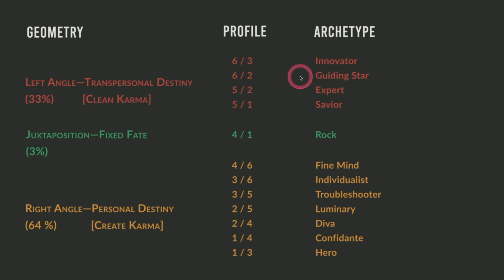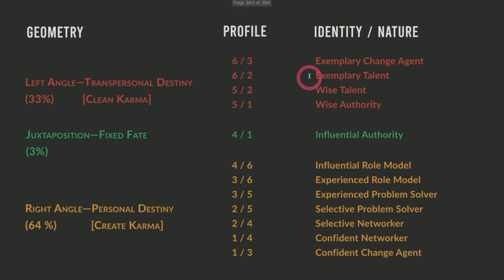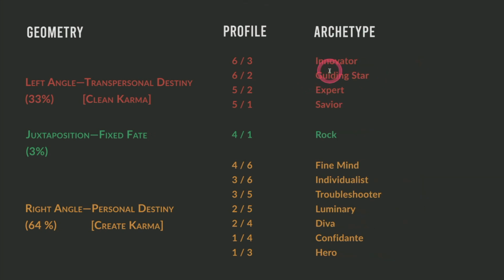So, we can use these now. I just did a reading, it was yesterday as a matter of fact, and it was a 6-2, right? And she just didn't really resonate with this role model hermit designation. So I was like, well, how about an exemplary talent? And we were getting warmer, and then we got to guiding star, and she just kind of lit up.